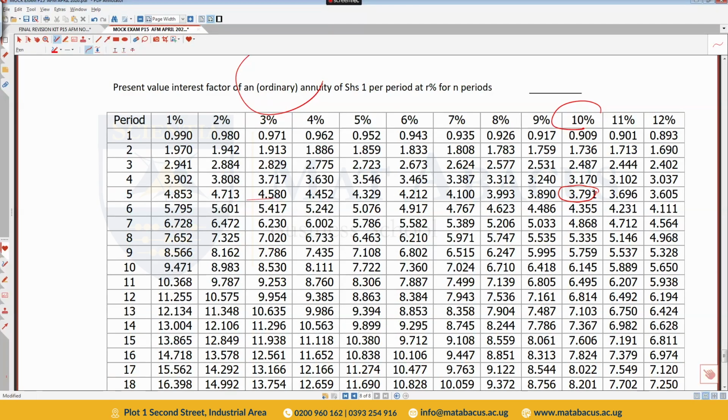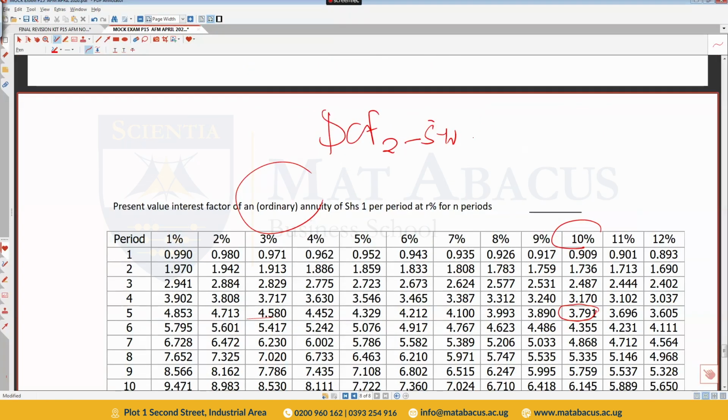Therefore, what I do, I will get 3.791. You subtract the one of year 1 because this is cumulative, 0.909. Let me put it on the calculator. 3.791 minus 0.909, and you'll end up with 2.882.